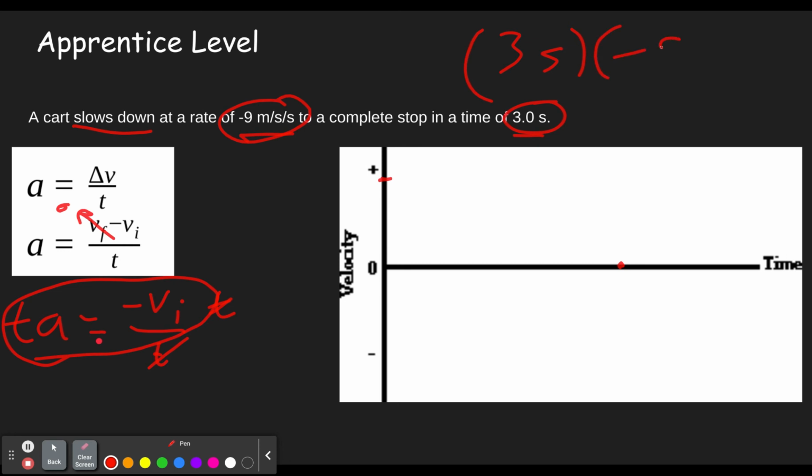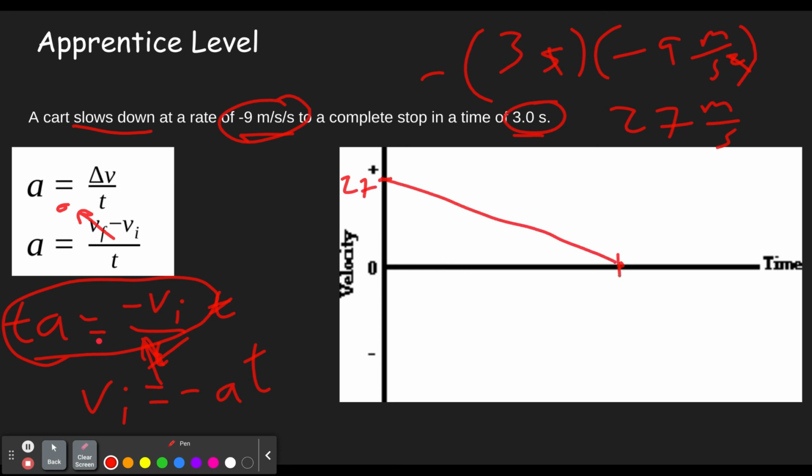So 3 times negative 9 meters per second squared, gives us, and then we could just take this negative here and subtract both sides. So we multiply both sides by negative 1, and we get VI equals negative AT, or negative TA. So we have a negative out there. So we get 27, seconds cancel, meters per second. Okay, so we start at 27 meters per second, and we slope down to 0, and that takes 3 seconds.